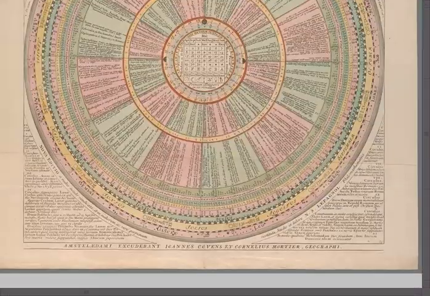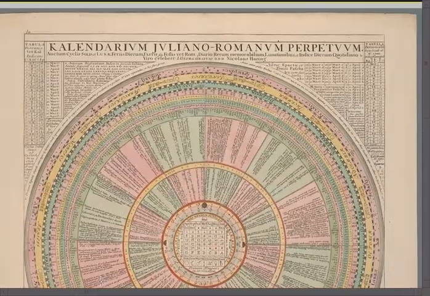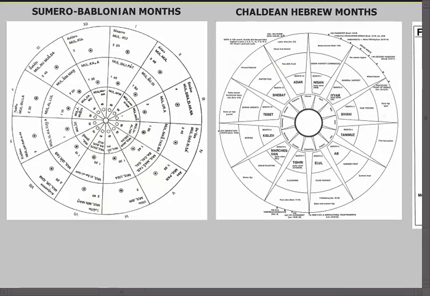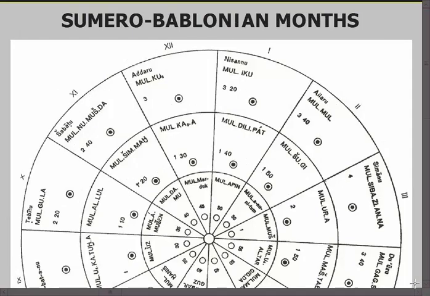It's a very detailed chart. But it all goes back, like I say, to the Sumerian Babylonian calendar of the sun. But you have the first month here in Babylonian was Nisanu. Second month was Ilaru. Third month was Simanu, and so on.